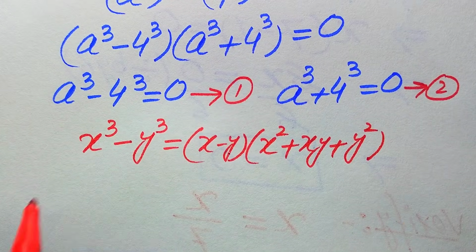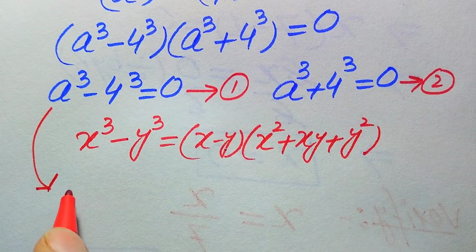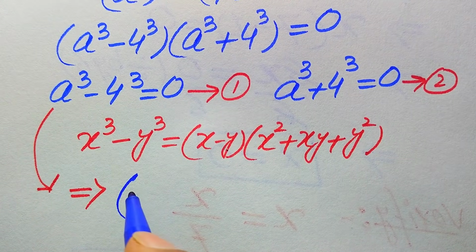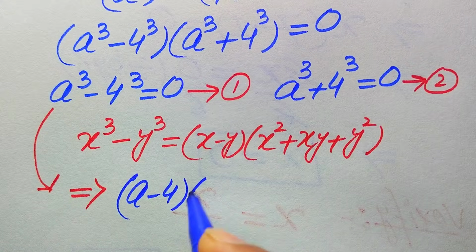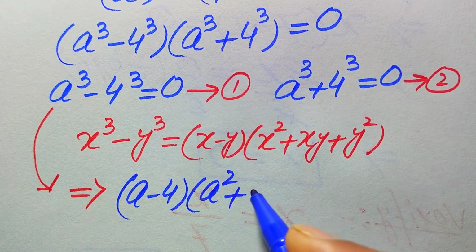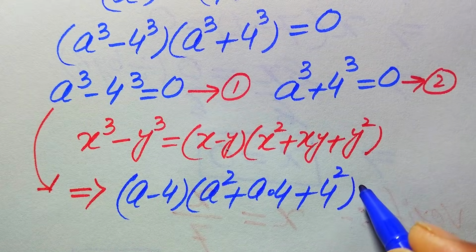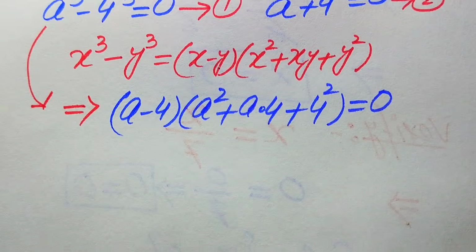Applying this formula on equation number 1, it is written as (a minus 4) times (a square plus a times 4 plus 4 square) equals 0.